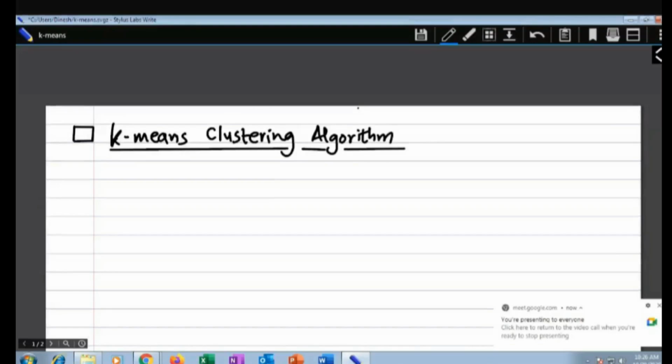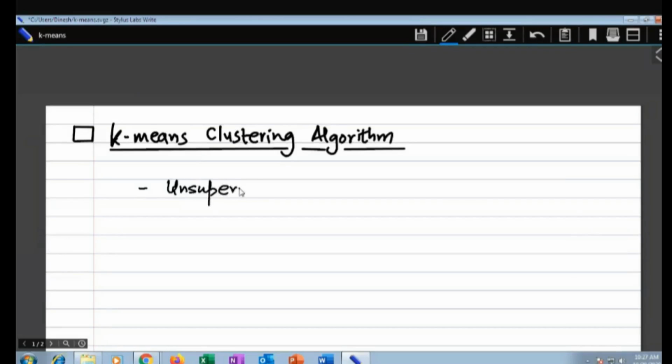Okay, so today we will see the K-means clustering algorithm, and we will see one of the numerical problems associated with this. Okay, so basically, clustering algorithms, as we have already seen, are a type of unsupervised learning algorithm.